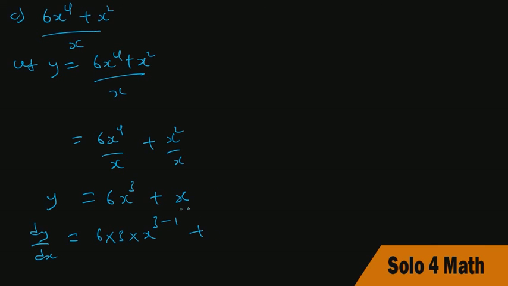Or we said when you have a linear function like this, when the power is 1, we just take the coefficient of x, which is 1. So this one gives us 18x squared plus 1. We are good to go.